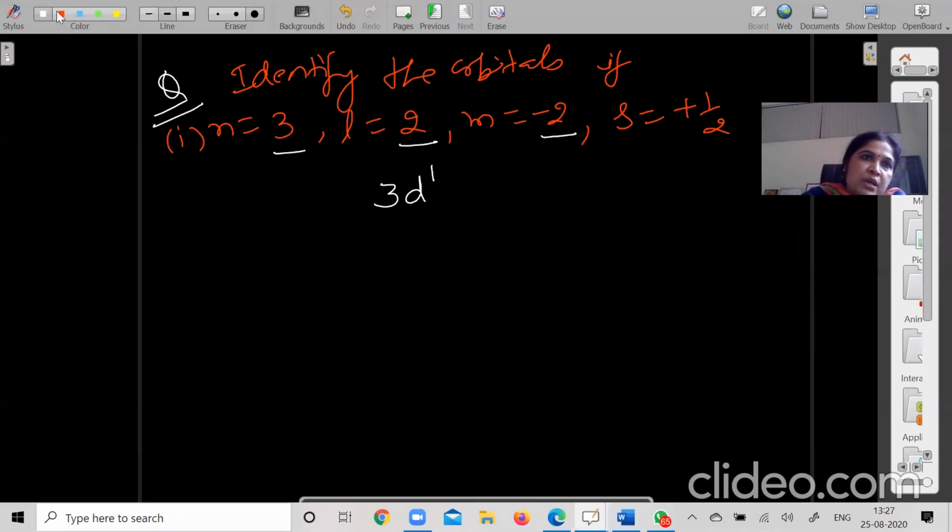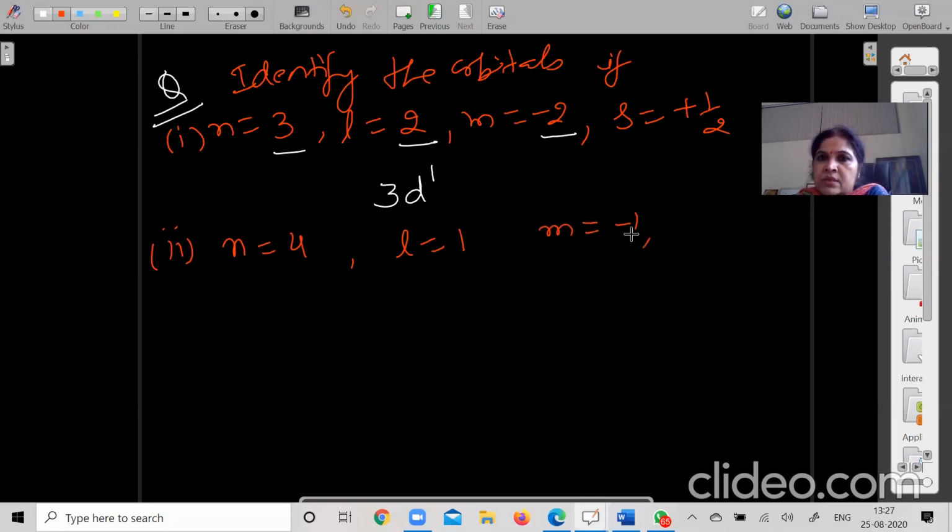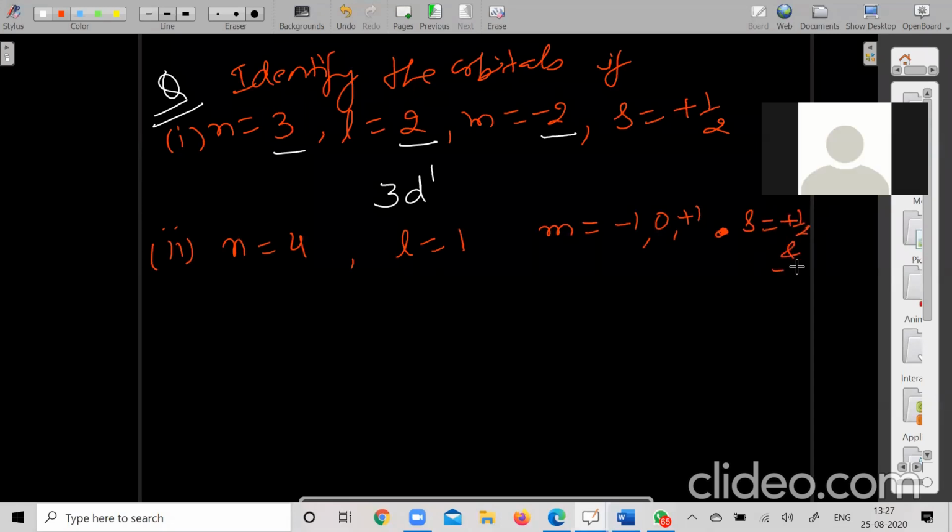Now the next question: if N is 4, L is 1, M is minus 1, 0, plus 1, and S is plus half and minus half. Repeating the question: identify the orbital.